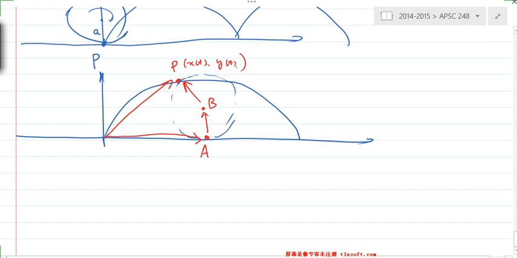So essentially, we're looking for a solution for this position vector OP. Given this construction, OP equals OA plus AB plus BP.